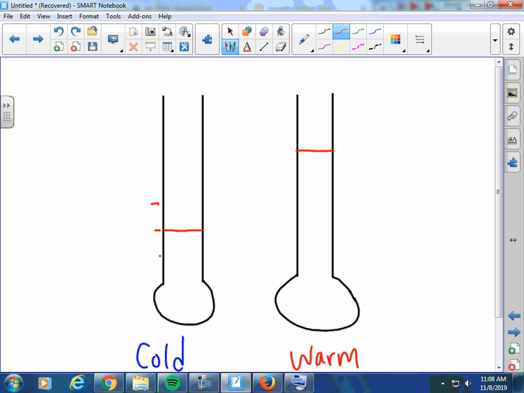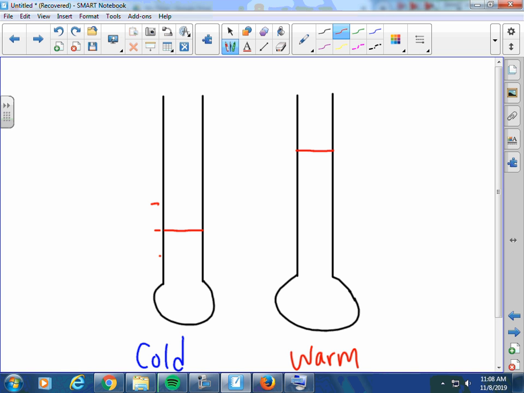All right, what am I going to do next? Add particles. Do we need to add particles? Is that important? Particles are always important in this class, every model, right? How many particles? How many particles in the cold one? 6.